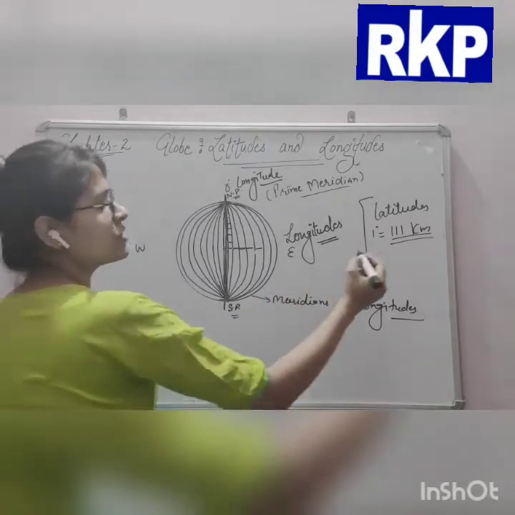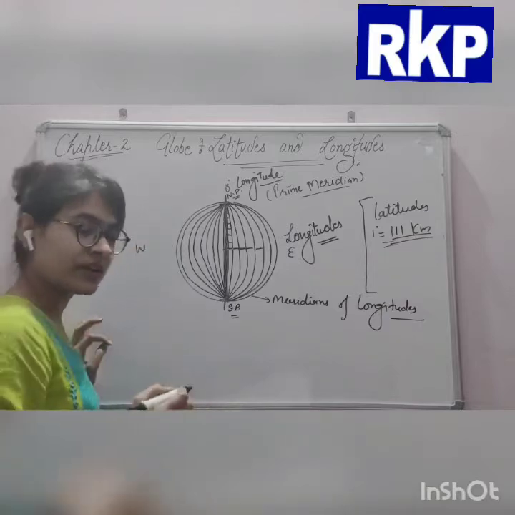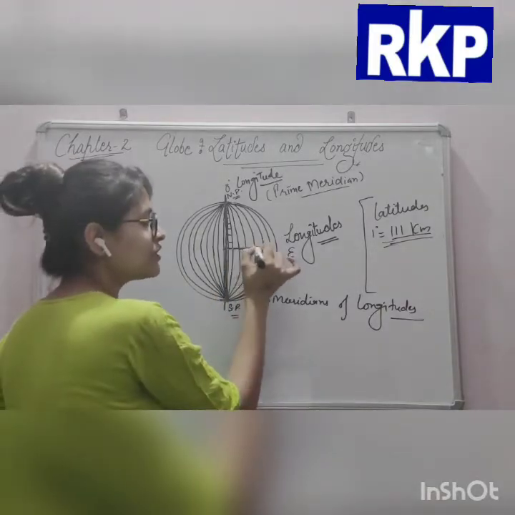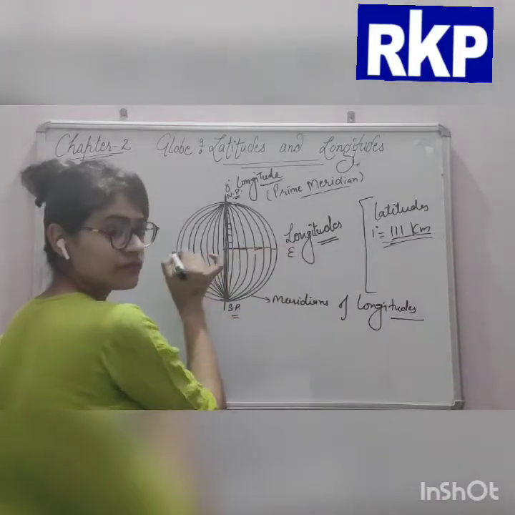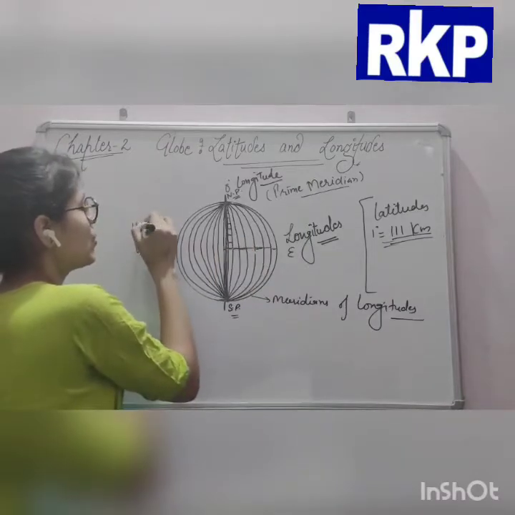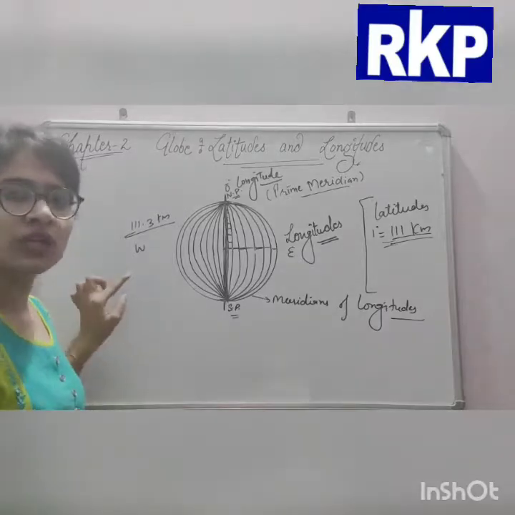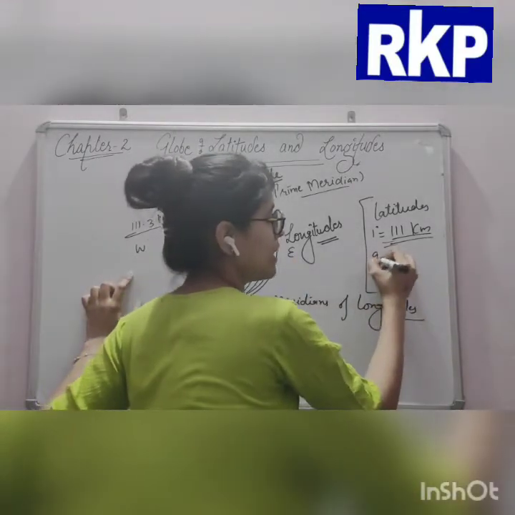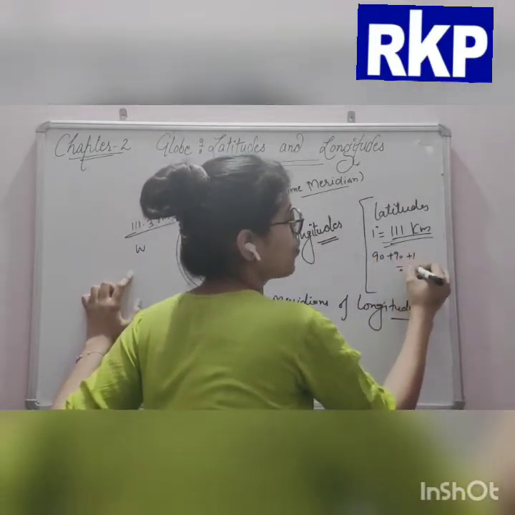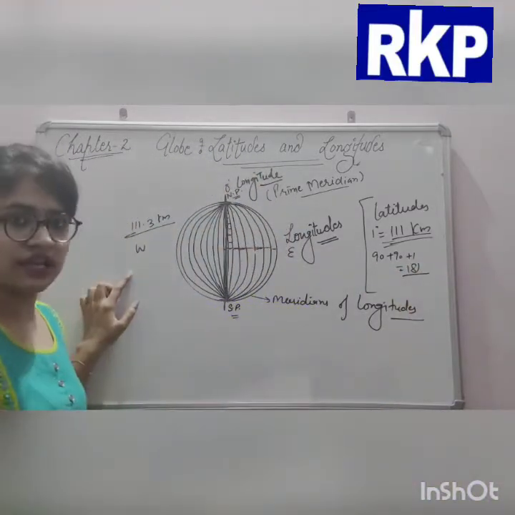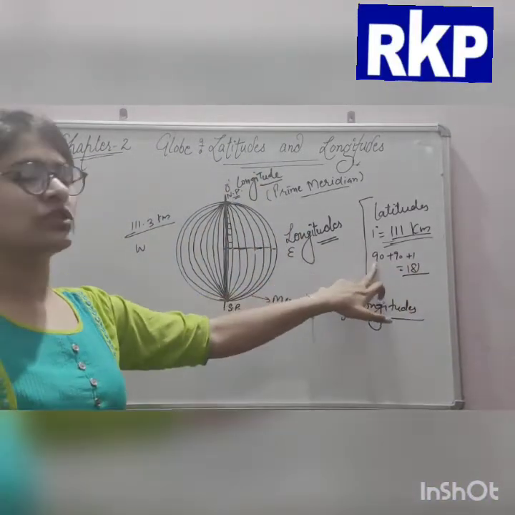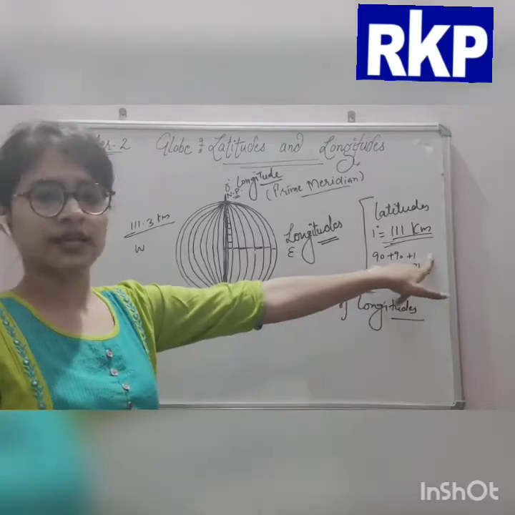Clear? So the difference in latitudes was 111 kilometers, and the maximum distance between longitudes is 111.3 kilometers. We discussed that there are 181 latitudes, 90 in the north, 90 in the south, and 1 is the equator.